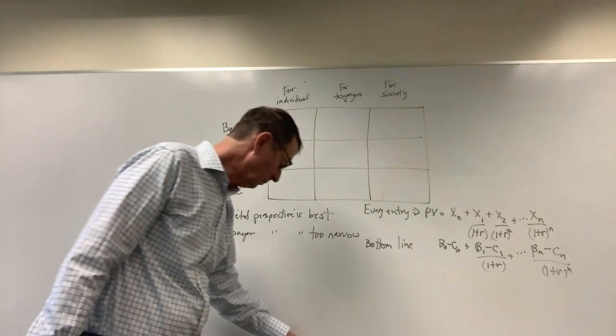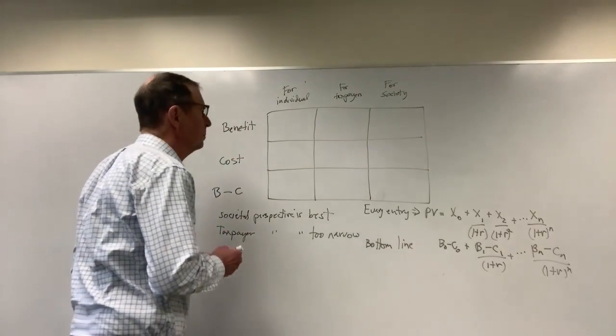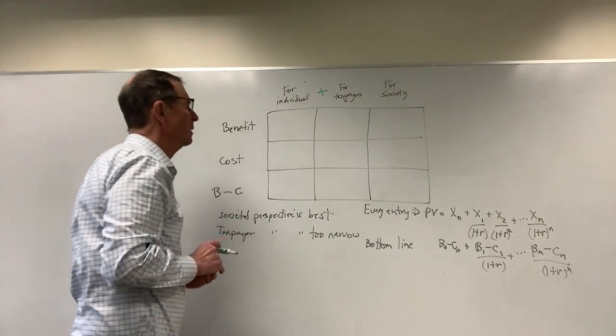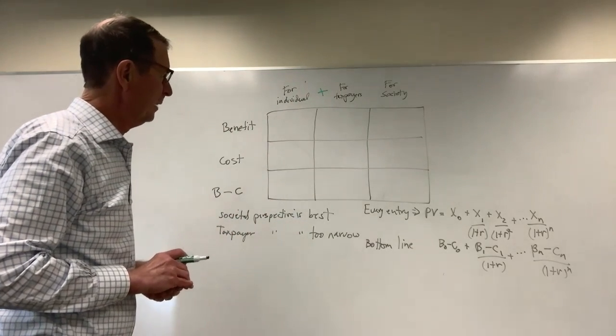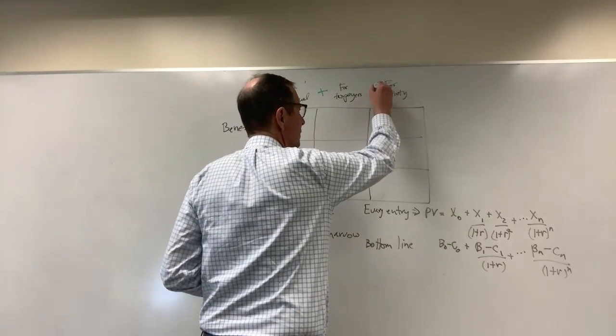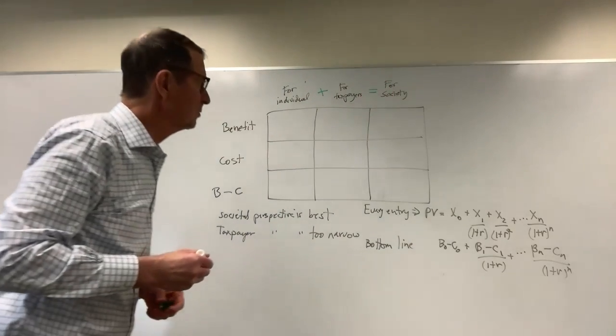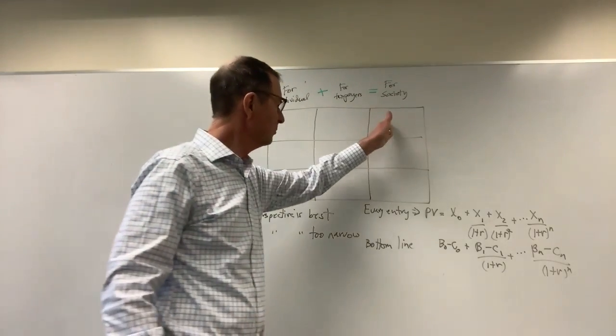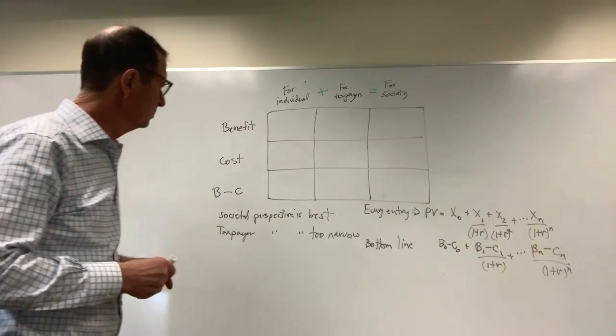It is the sum of these individual and taxpayer benefits and costs that are going to equal societal benefits and costs. So this cell is simply the sum of these two.